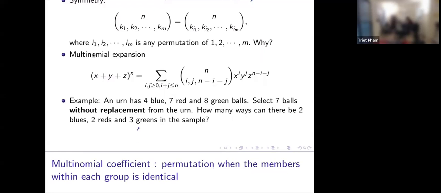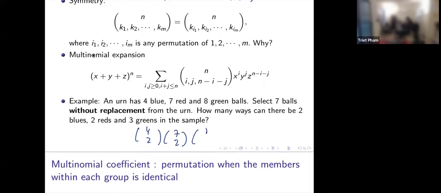This is 4 choose 2, because out of 4 blue you choose 2 blue, out of 7 red you choose 2 red, out of 8 greens you choose 3 greens. Sorry, this is not an example of a multinomial coefficient. I shouldn't include it here. I'll take it out.